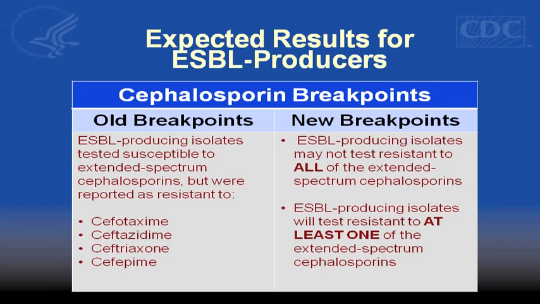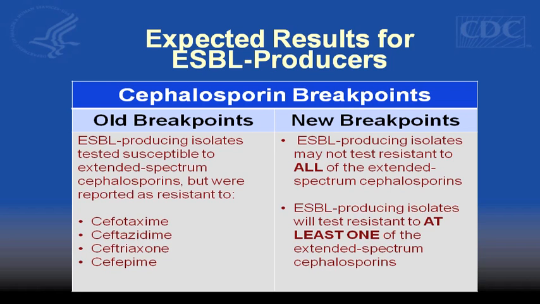So I want to talk a little bit about what you can expect for results if you implemented these breakpoints. So for cephalosporins, what we used to have with the old breakpoints are ESBL producing isolates that would test susceptible to extended spectrum cephalosporins. Then you would do the ESBL confirmatory test, and if that's positive, you'd report it as resistant to these drugs.